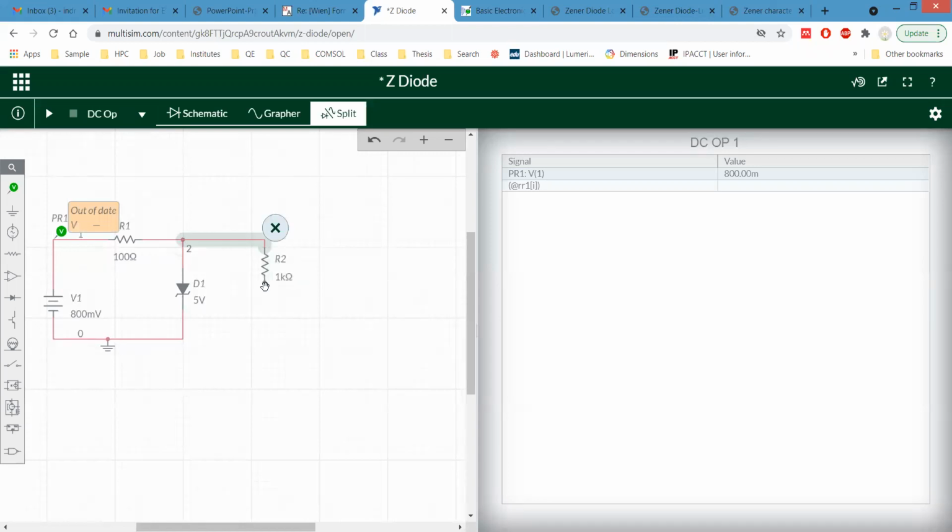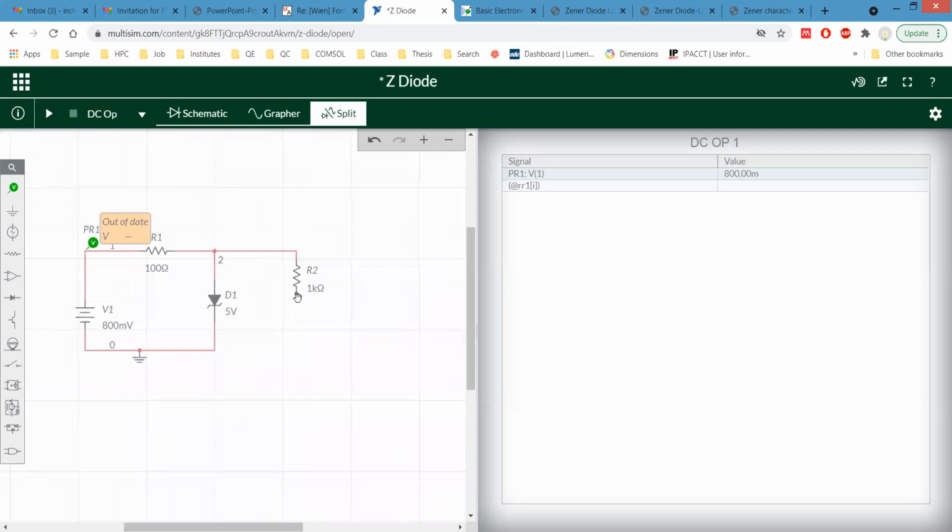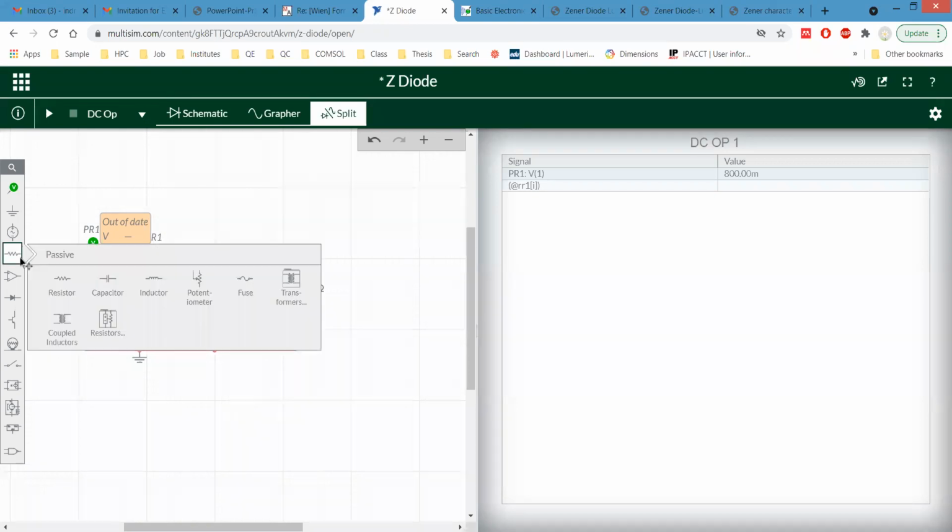It depends on which perspective you observe the circuit from. We need a variable load, right?